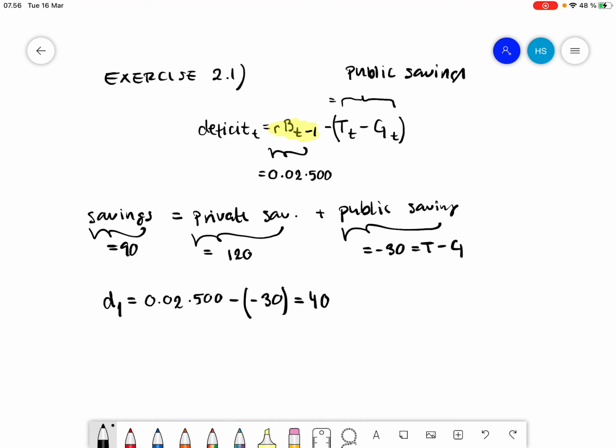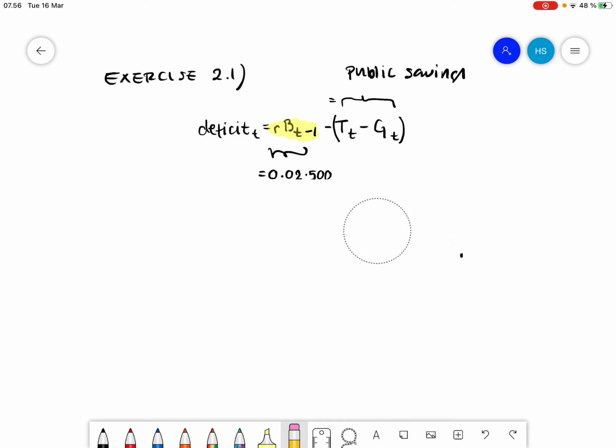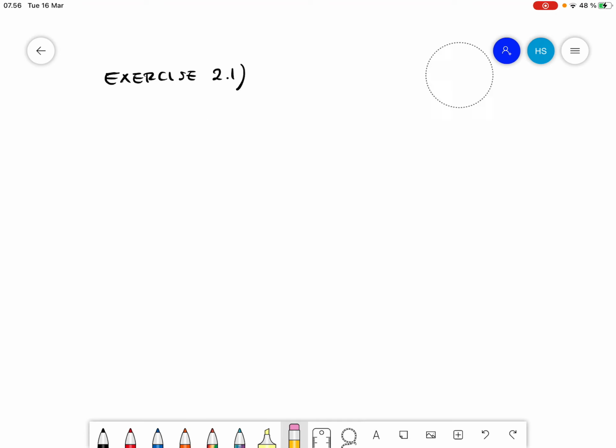Next, we have to calculate the debt to GDP ratio in period 1. How do we calculate the debt to GDP ratio in period 1? Well, we recall the formula for the debt to GDP ratio.